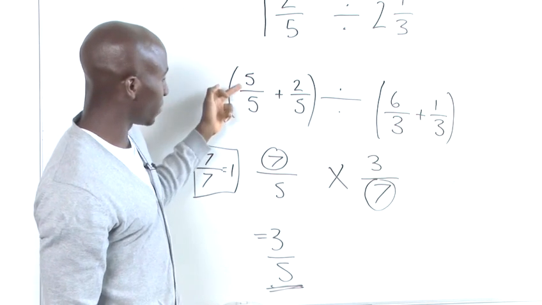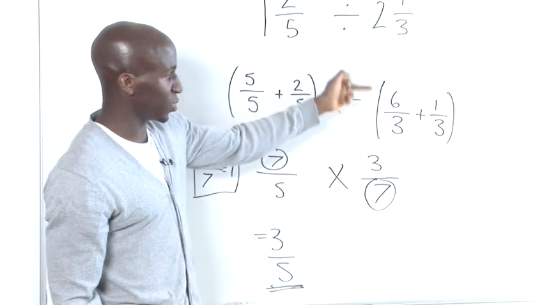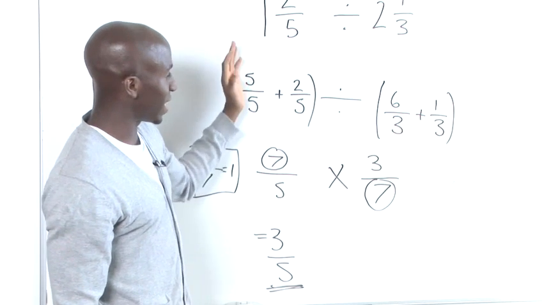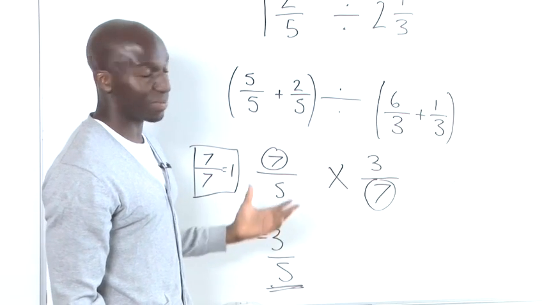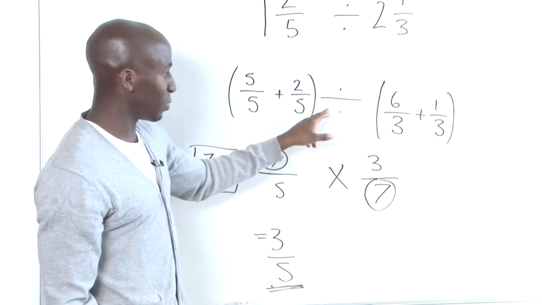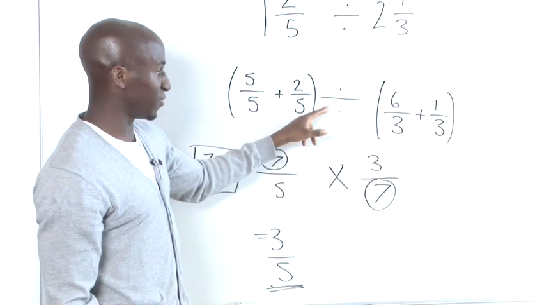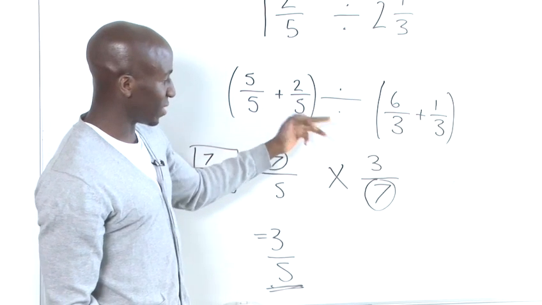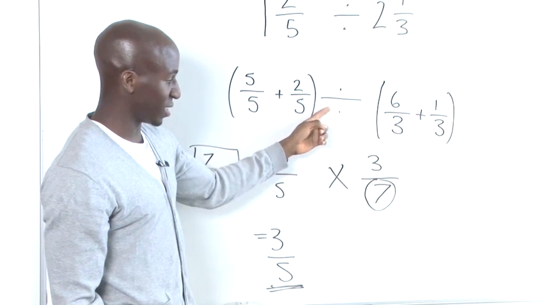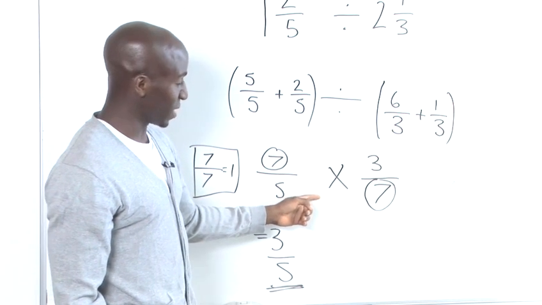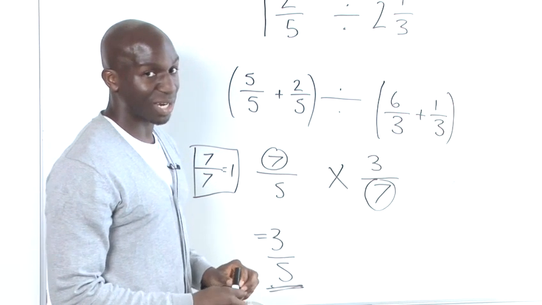So 1 would be 5 divided by 5, your 2, 6 divided by 3, and then you can bring together your mixed fractions as single fractions. They may be improper, but it will allow you to deal with the division a lot more easily. And then you flip one of the fractions and convert the division sign to a multiplication sign. And that's how to divide mixed fractions.